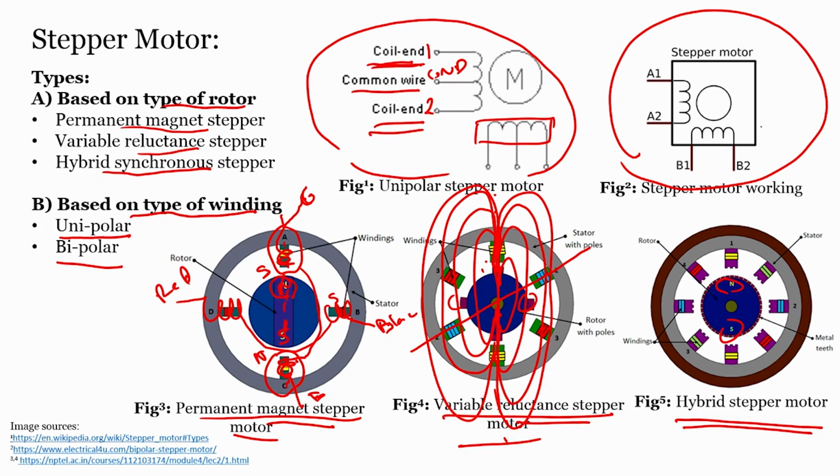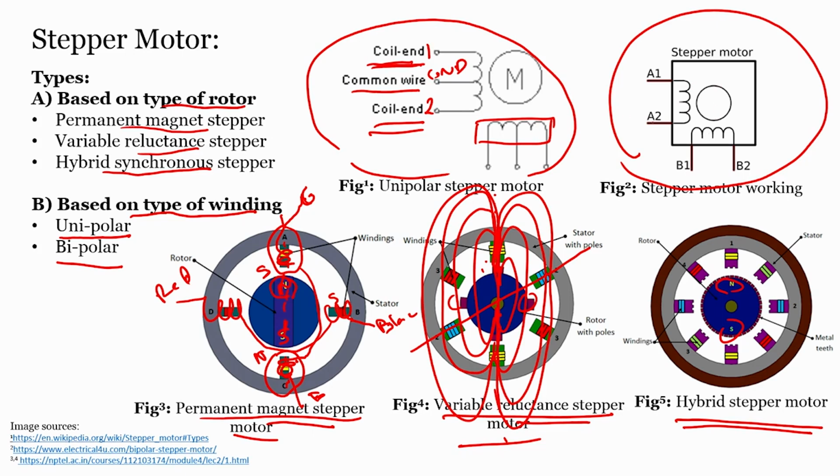And in case of a bipolar stepper motor, it has 2 independent coils, A1 and A2 and B1 and B2. So, if I flow current in one direction through A1 and A2, the motor will get magnetized in one direction, and if I send the current in the other direction, the magnetic field will be created in the opposite direction.